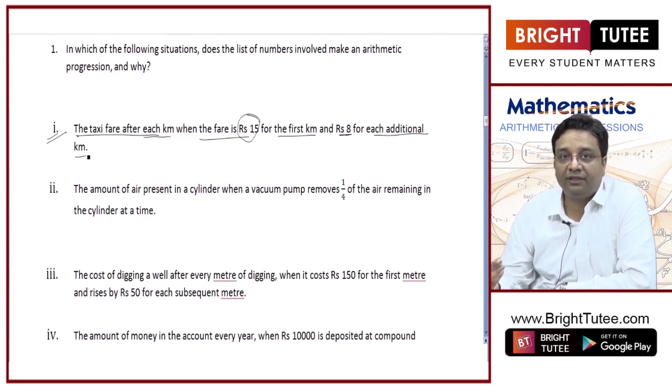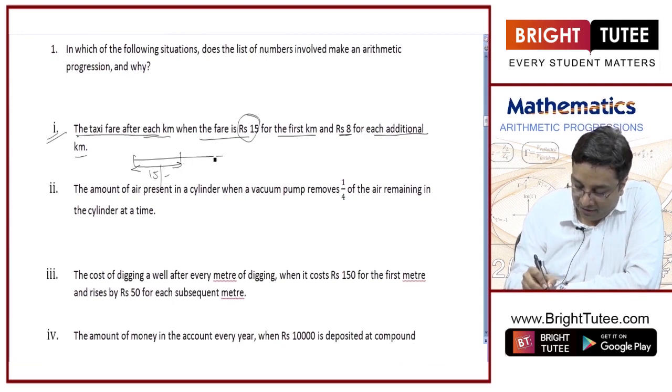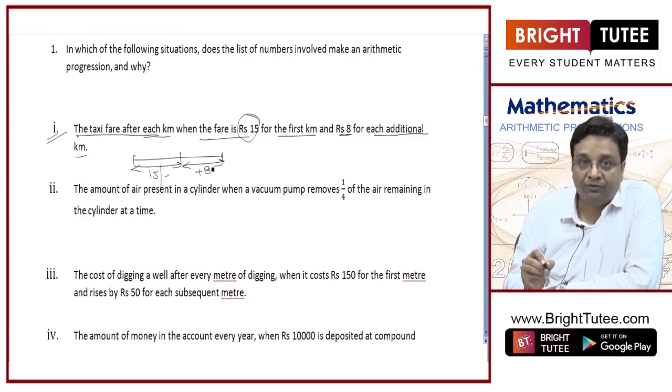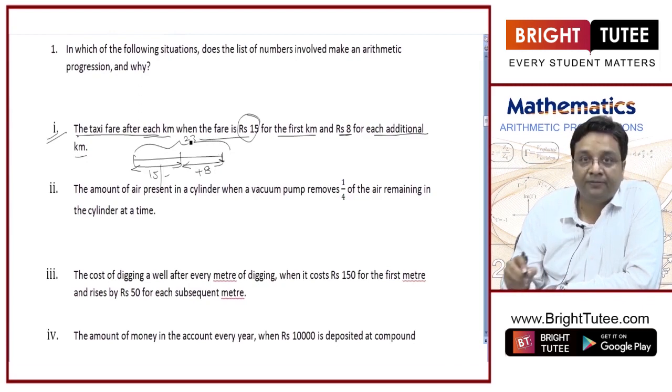So let us say you are traveling somewhere. For the first kilometer, the taxi fare is 15 rupees. And if you travel 2 kilometers, you will give additional 8 rupees, so a total of 23 rupees, right?